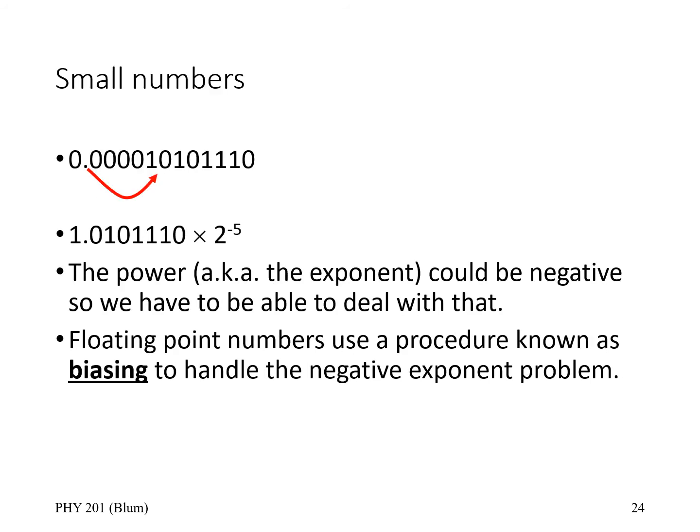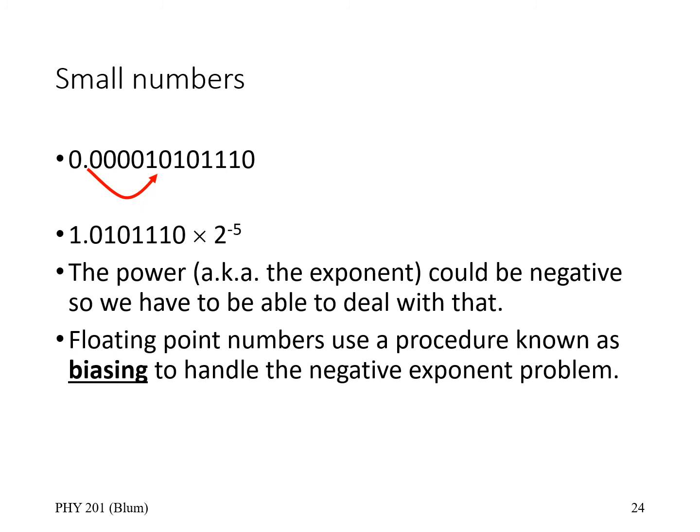Like scientific notation, floating point numbers are going to be used to represent both large and small numbers. And so remember that the power can be a negative number. The exponent can be a negative number. So if we had a small number, 0.0000110, etc., then we would, to play our game, move that dot until it followed the first 1, and then to compensate, we'd have to multiply by 2 to a minus 5, to a negative power.